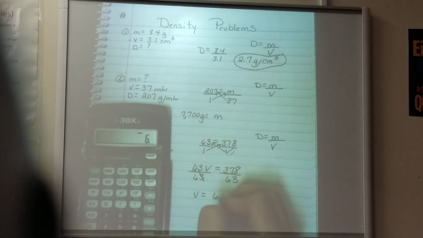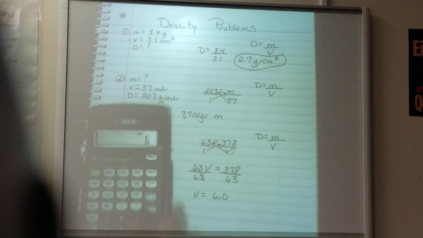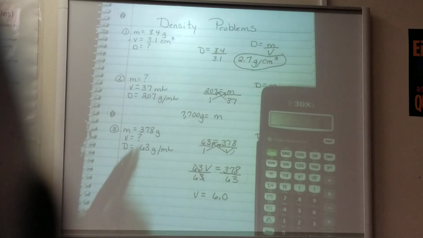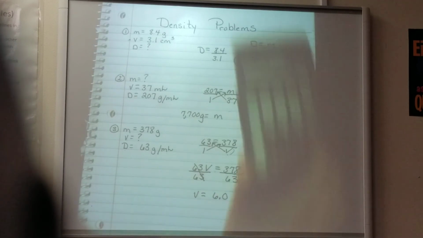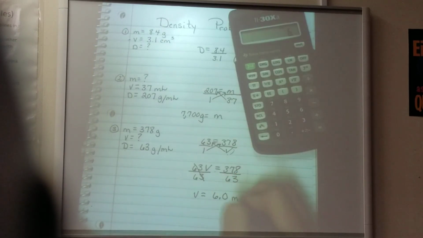So you're going to need 6.0 because you need 2 sig figs. So go ahead and put the 0 if you need to. And for units, look back over here, milliliters. That's what they were using in the density, milliliters for volume. So that would be your units, okay, because you were solving for volume. So you need to have the volume units there.